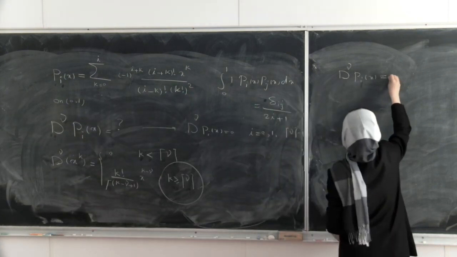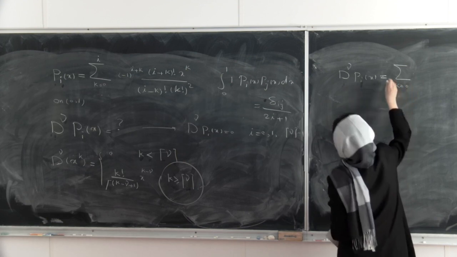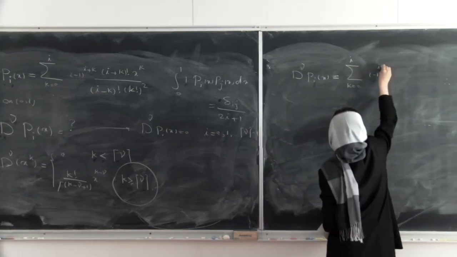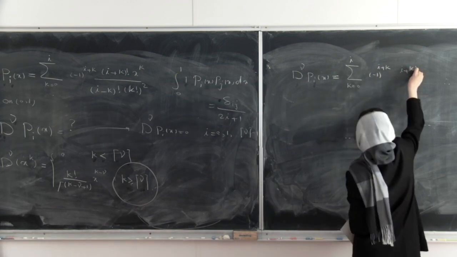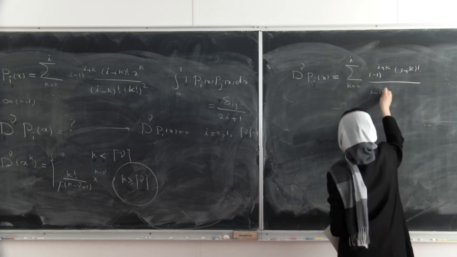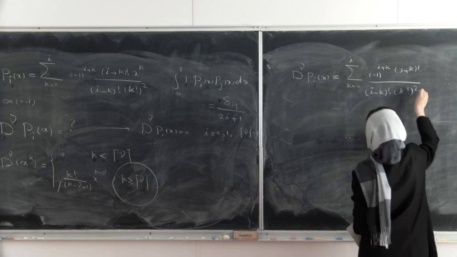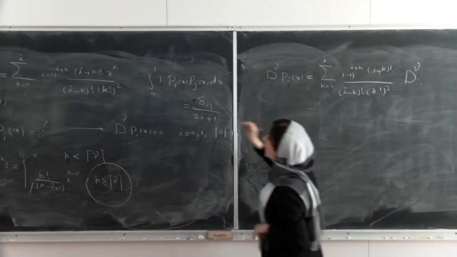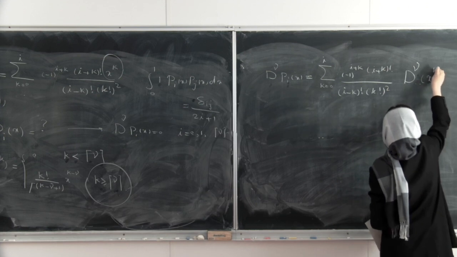So I can write the series, k from 0 to i, minus 1 to the i plus k, i plus k factorial, divided by i minus k factorial times k factorial squared, times the Caputo derivative of order nu of this part, x to the k.